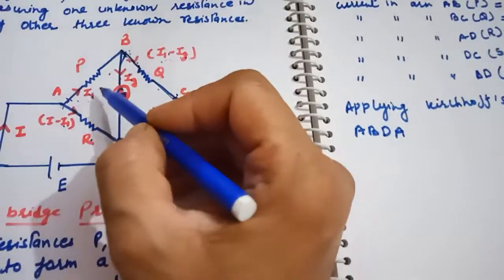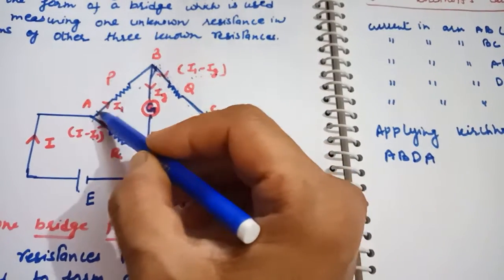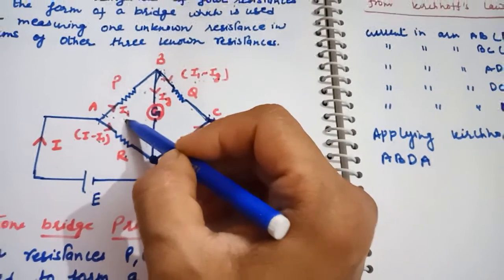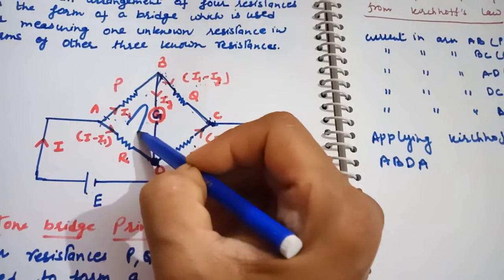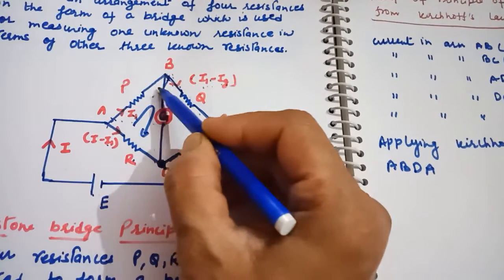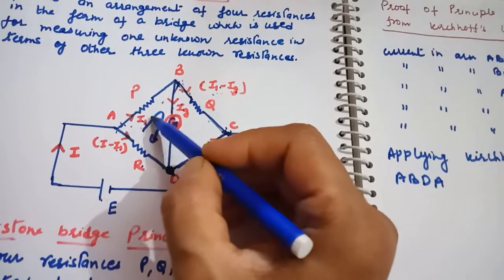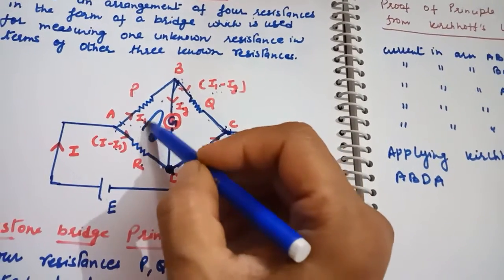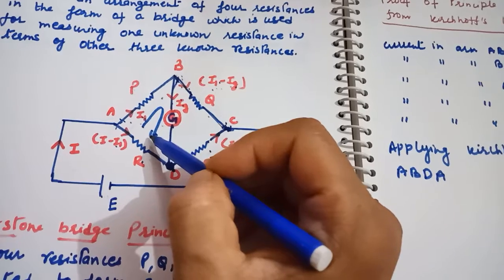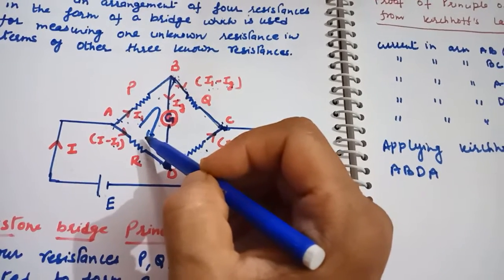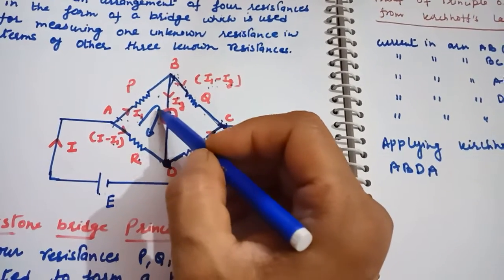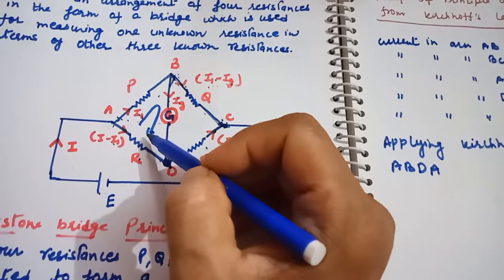So what is the method? The method is that first of all, in a closed mesh, you will assume the direction of current. Suppose I have taken the direction of current clockwise, so the current is flowing in this mesh in the clockwise direction. Currents in this direction will be taken as positive, and the current flowing opposite to the clockwise direction will be taken as negative.